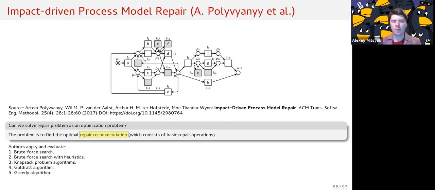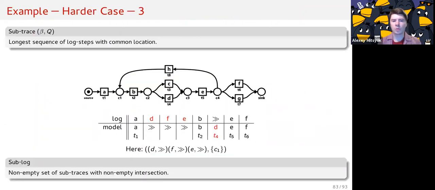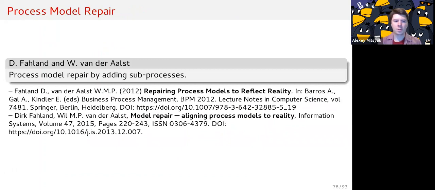So why do I consider these repair methods? First of all, because this paper on repairing process models is one of the first papers in the process mining field on this subject.